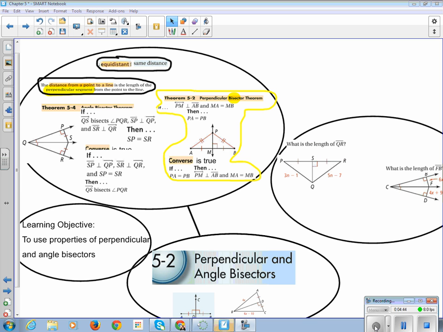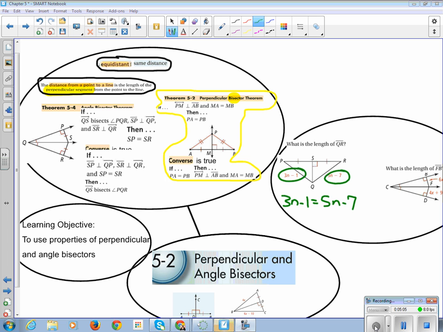We know that we have perpendicular here, check. We know that we have bisector here, check. These are congruent. So we can say these sides here that come up to the vertex are congruent. So if we can say that those are equal, we can set these two items equal to each other.